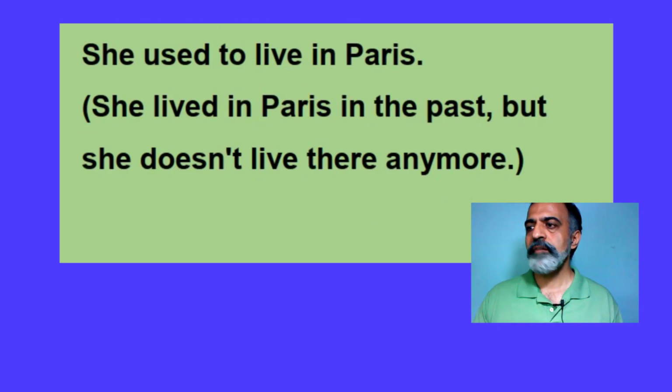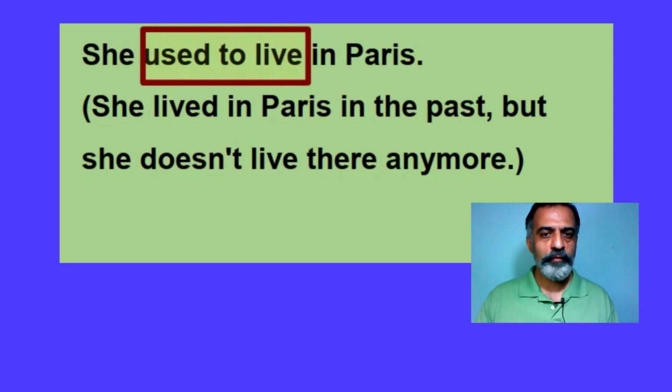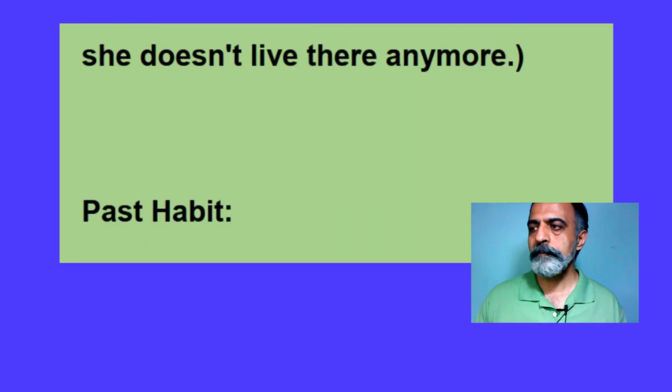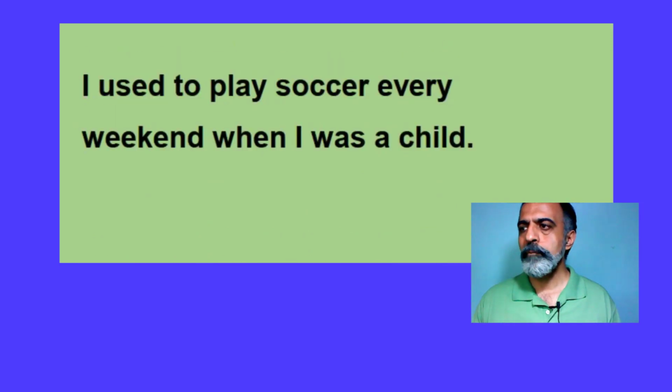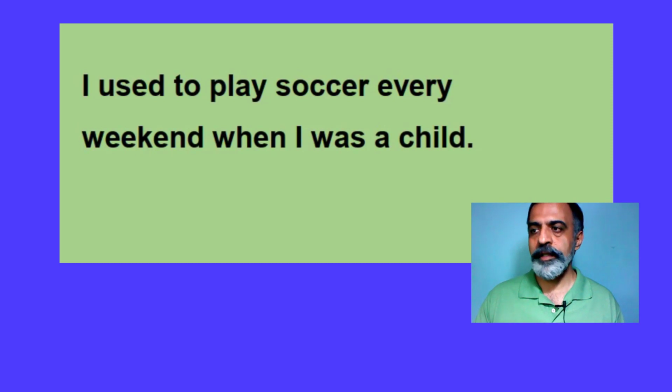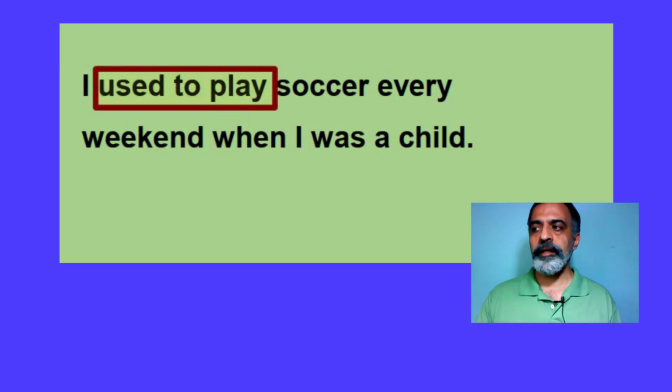She used to live in Paris. It means that she lived in Paris in the past, but she doesn't live there anymore. Used to live, used to and simple form of verb. I used to play soccer every weekend, when I was a child, not now.